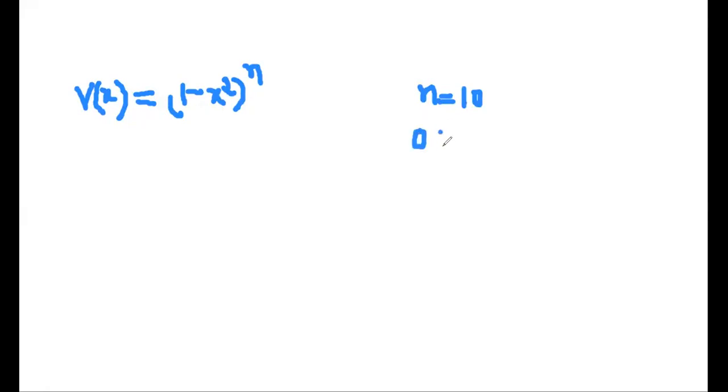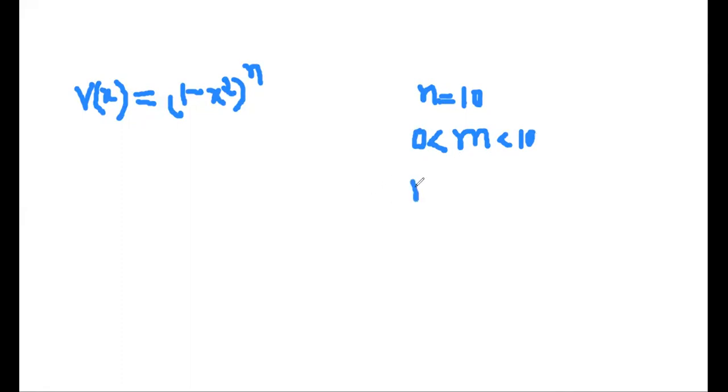So m is a number greater than 0 and less than 10. That means m can be 1, 2, 3, and so on. m can be 9, and m cannot be equal to 10.